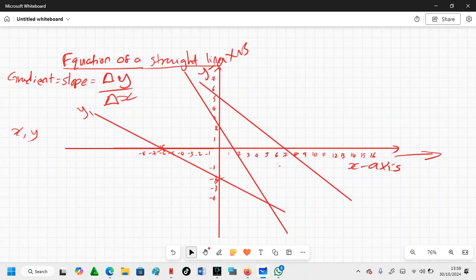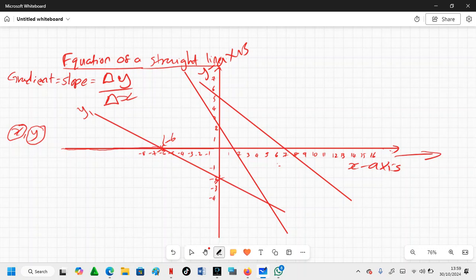In this case, x is -6 for this point, and by x I mean where that line is touching this line.